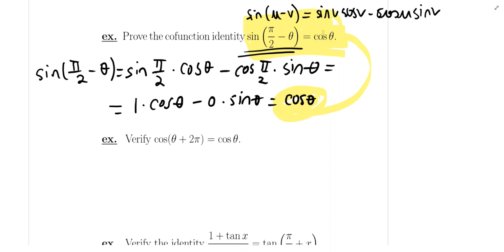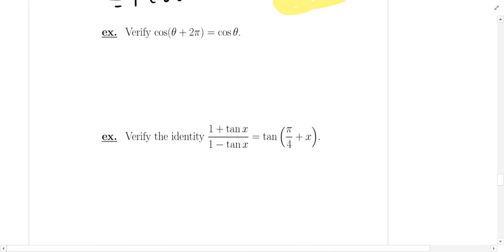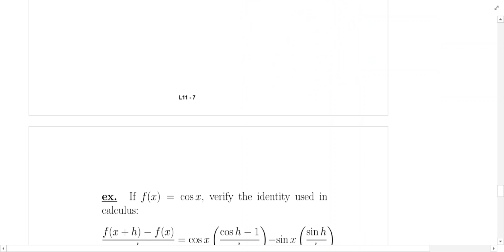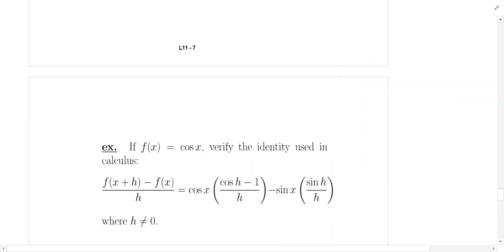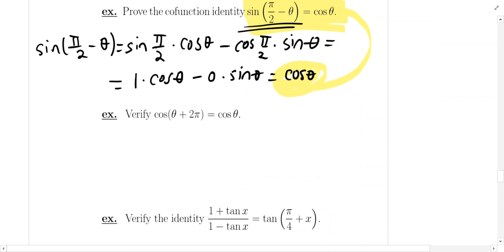Okay. So we have two more to try. So to verify this one, cosine of theta plus 2 pi equals cosine of theta.